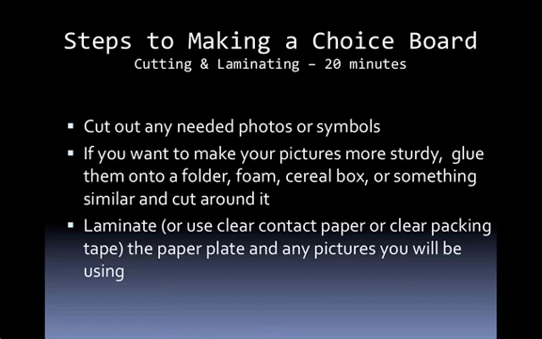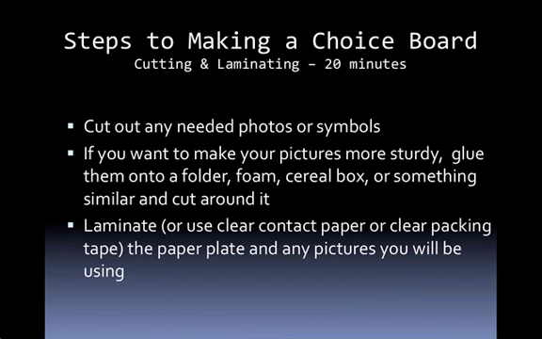So now that you're finished with step 1 and you have either your pictures, your symbols, or your line drawings, your actual objects, whatever it is that you're going to use, then now it's time to do our cutting and laminating. So you're going to need to cut out anything that you're going to use.